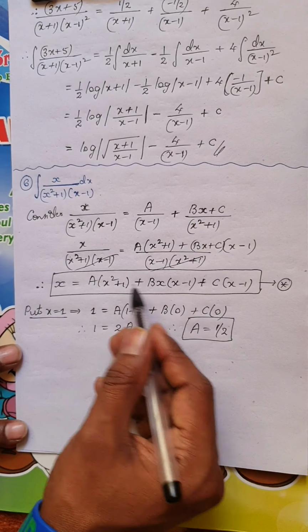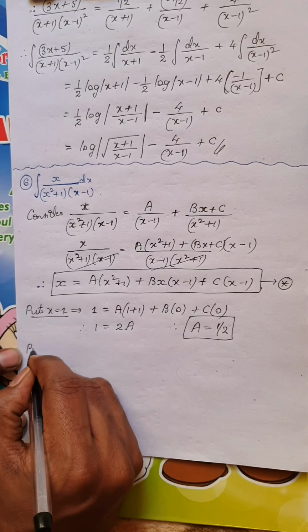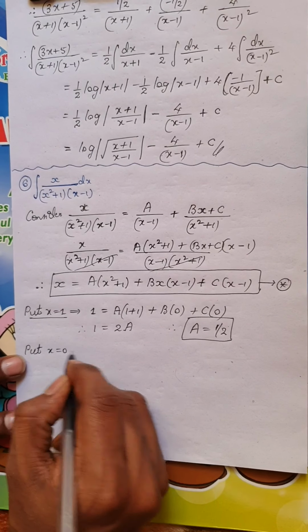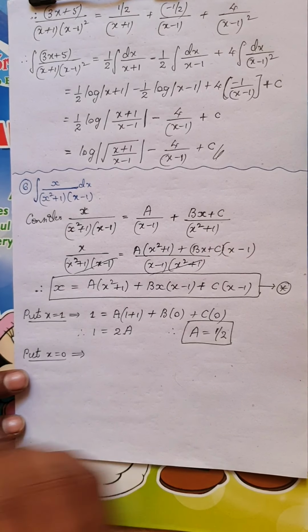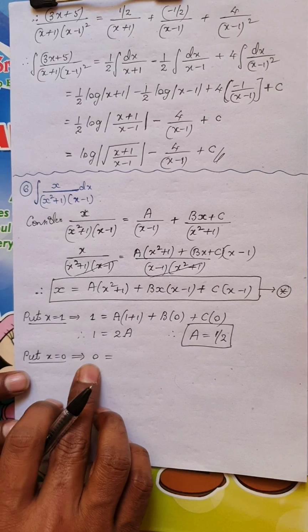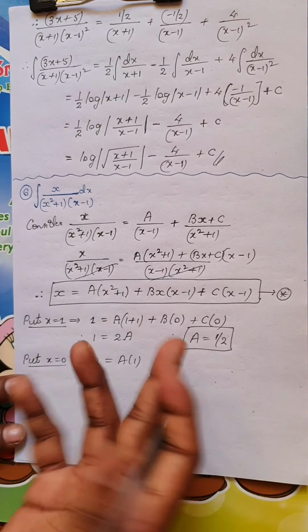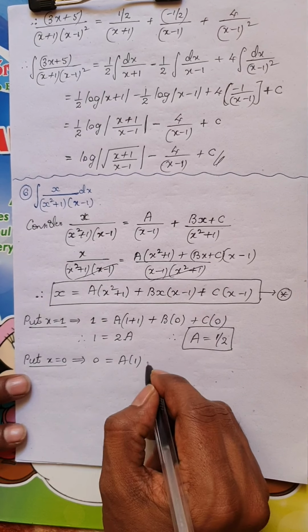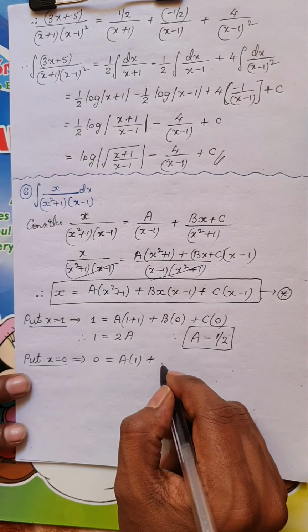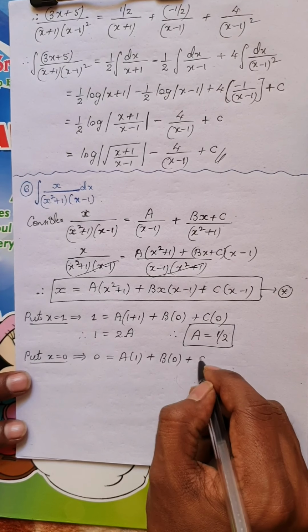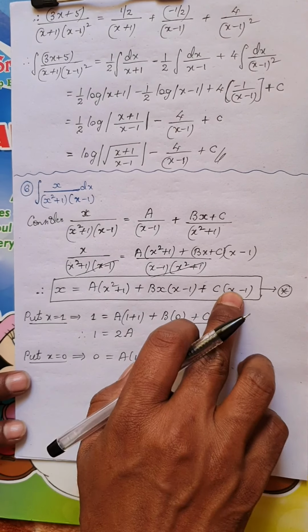Now, I cannot put any other constant here. Because I have b into x, I will put x as 0. See what happens if you put x as 0. It will be 0 is equal to a into 1, plus b into 0, plus c into minus 1, because x is 0.